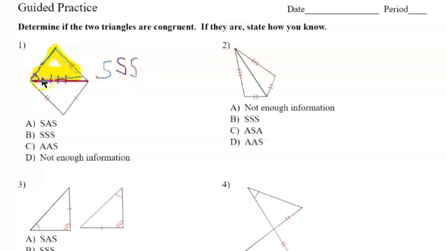Similarly, if I started with the angle between one tick mark and three tick marks in this triangle, I know a side, a second side, and a third side, which is also side, side, side. And side, side, side is one of my four congruency postulates, so that's the one I'm going to mark right there.